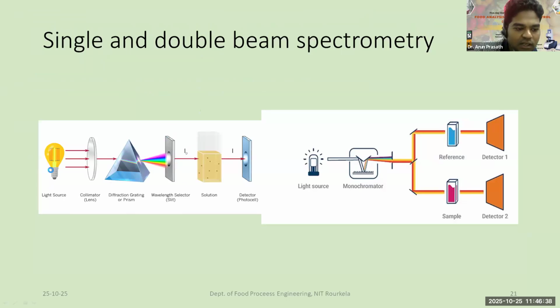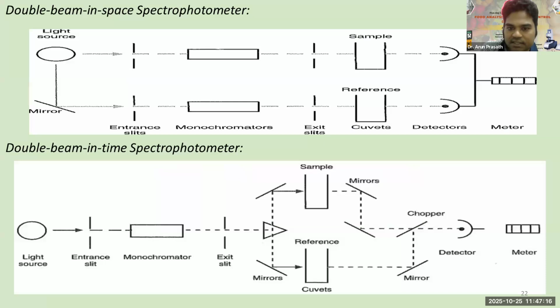In a single beam, the light from the source enters a slit after the monochromator, is incident over the sample, and a detector detects the light transmitted through the sample. Whereas in a double beam, a portion of the light is taken to a reference and a portion to the sample, so we know the difference between the absorbance and the incident radiation. We have a reference to compare the data with, so we get better results.